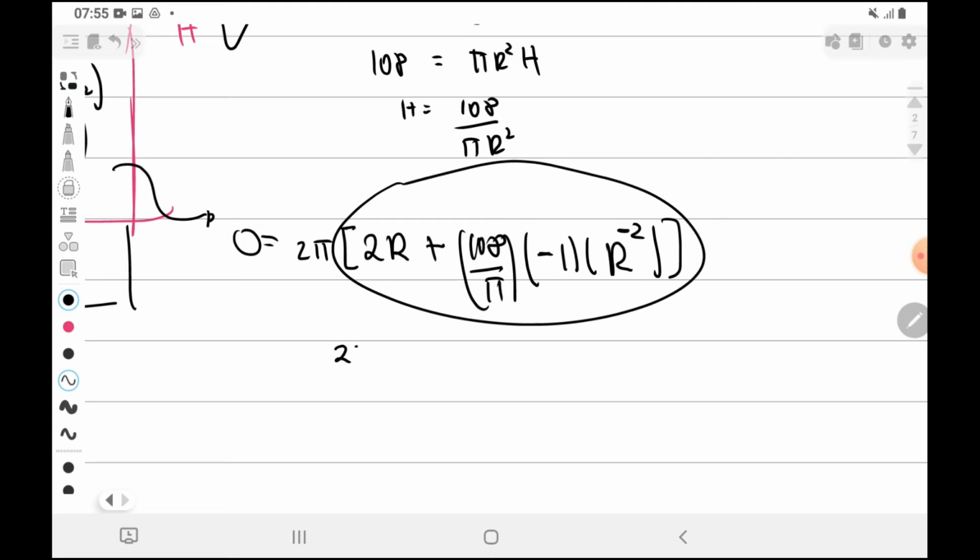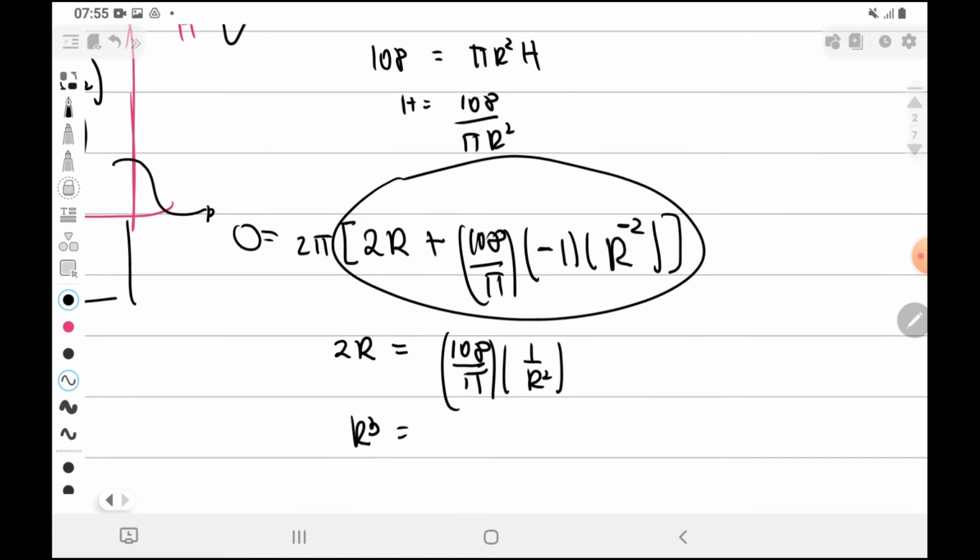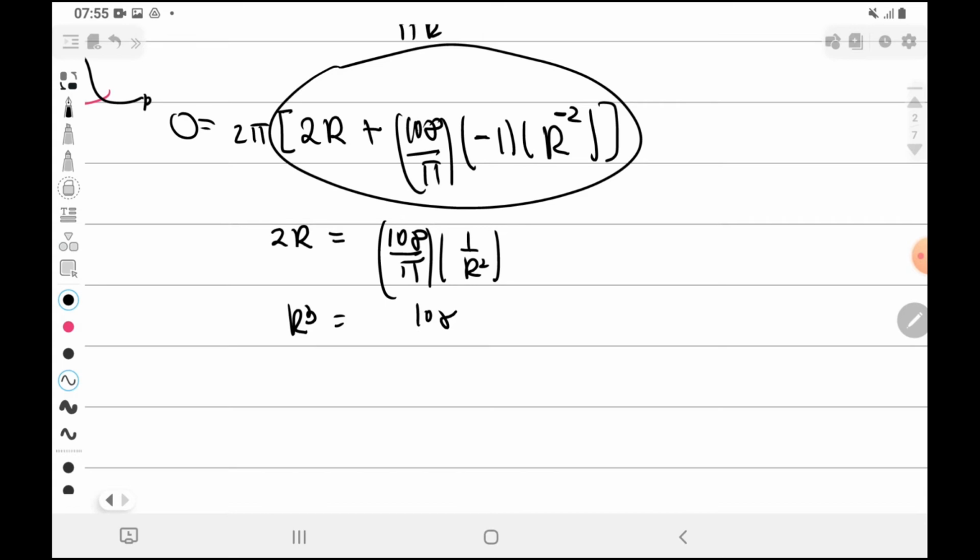From here, I will have 2r is equal to, I can just transpose it since it's negative, a value equal to 108 over pi multiplied by 1 all over r squared. Therefore, I will have r cubed equal to 108 over 2 pi.